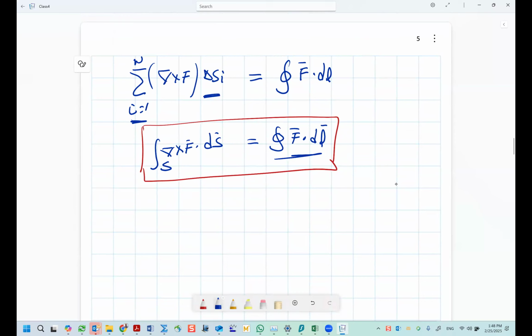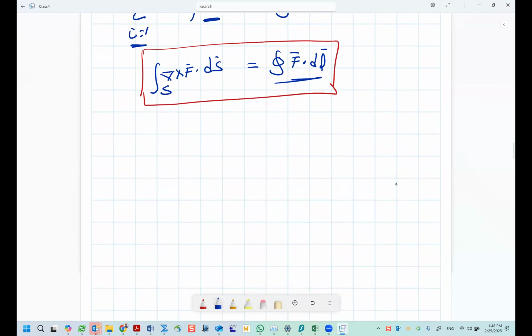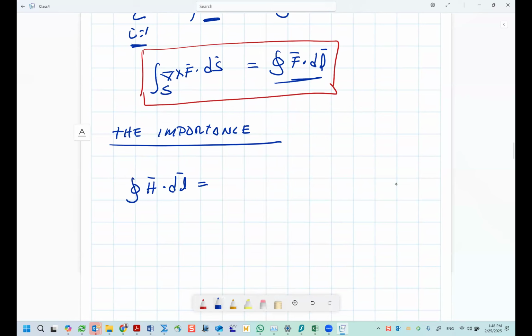Why is this very important? This is important because we have, let's say, Ampere's law. The importance is because you normally have the closed integral of H dot dl equals the area integral of J dA plus the time derivative of the area integral of D dot dA.